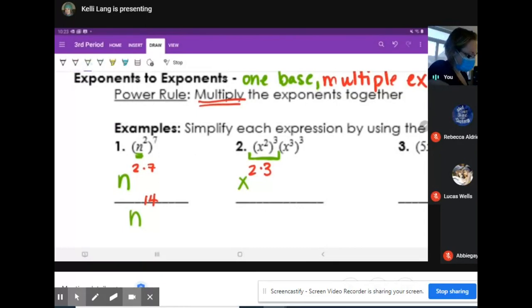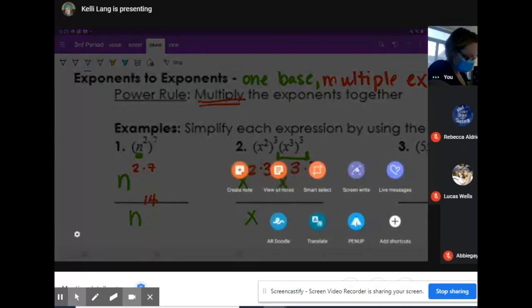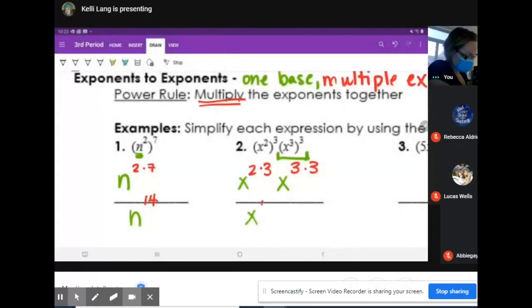But then we have another totally separate base with 2 exponents on it. We're going to do something very similar here. This will be x to the 3 times 3. So when we simplify these, we get x to the 6th times x to the 9th.